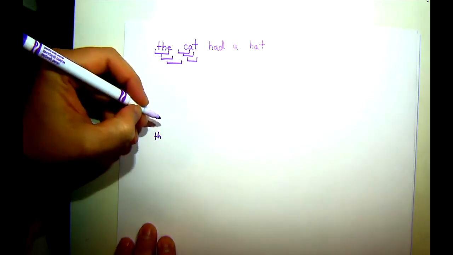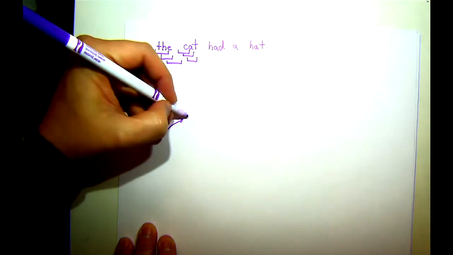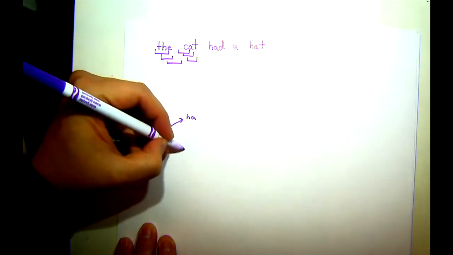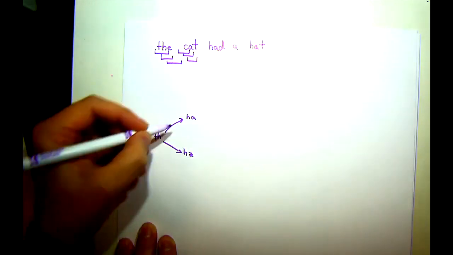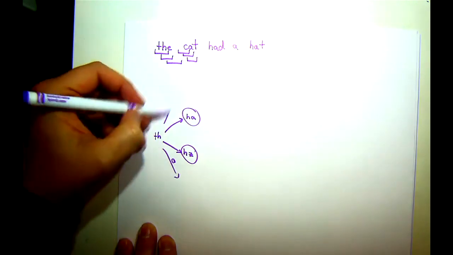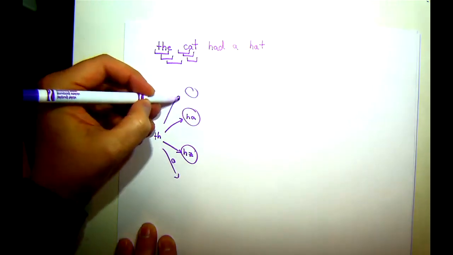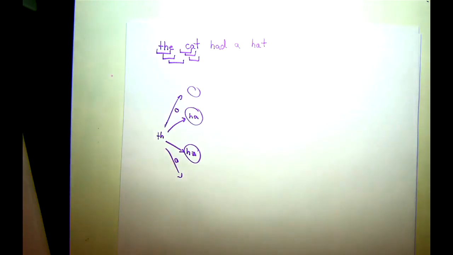And then you have this constraint that if you already have a th, the only things that have non-zero probability are the things that contain an h to start with. Everything else has a 0 probability. So this is just a mathematical trick to make sure that it's still a Markov chain.